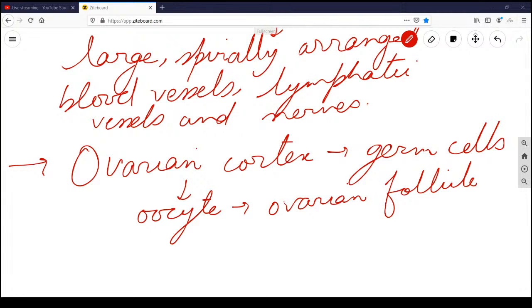That will induce the production of 17 beta estradiol, and 17 beta estradiol will then act upon the granulosa cells and make them express the LH receptor.